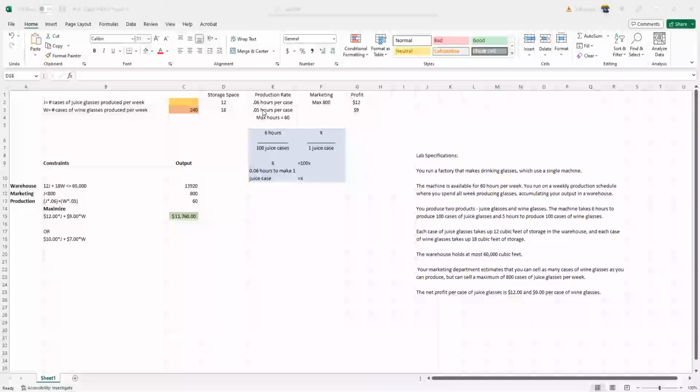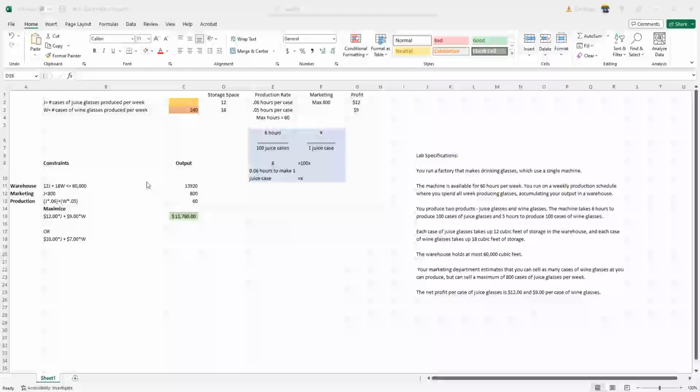The reason is that when we put it in our model, we want to take the optimum number of cases that would be produced for juice and wine, and multiply it by how many hours each case takes. Because overall, the machine is only available for 60 hours of production a week.